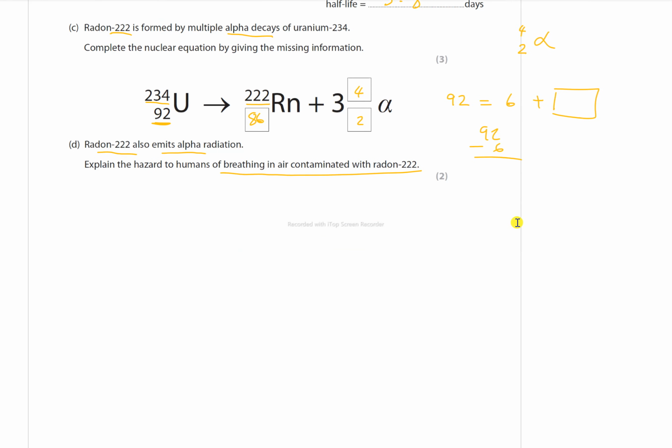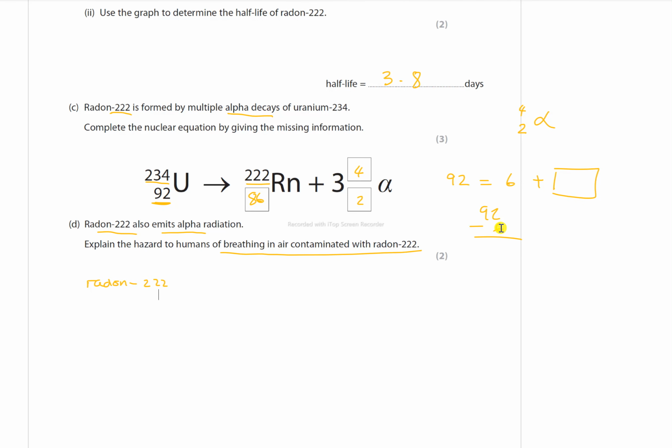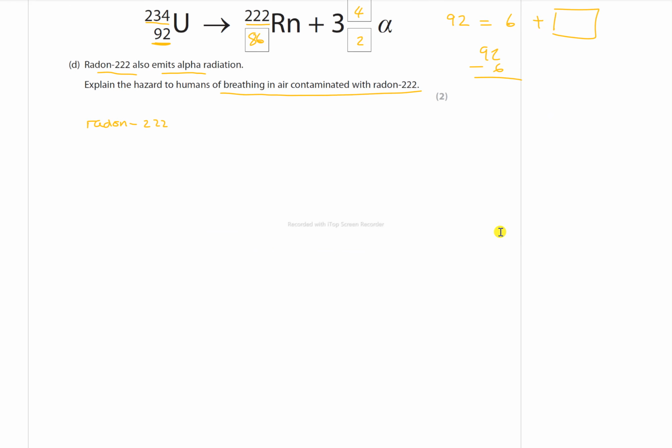Explain the hazards of breathing in radon-222. Radon-222 can be breathed into the lungs, inside the body.